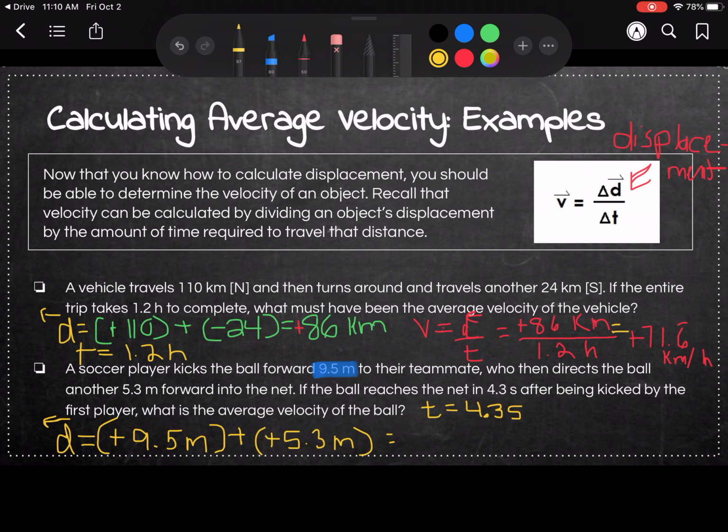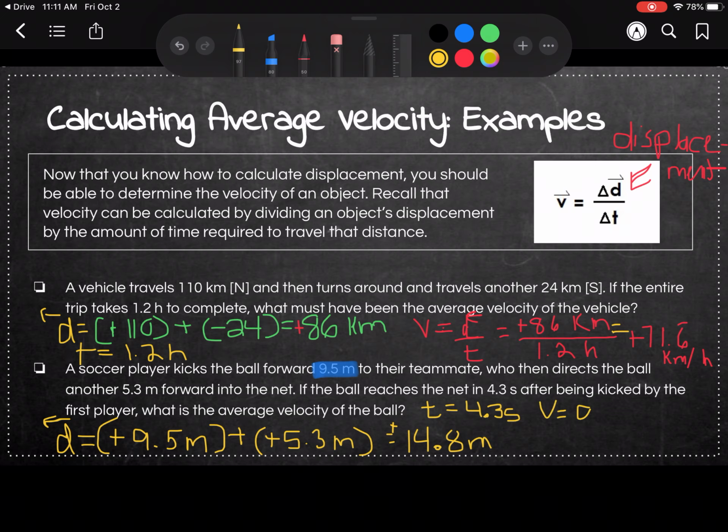I want you to know it's an s for seconds, but it still doesn't look great. So we need to calculate the 9.5 plus the 5.3, and that gives us 14.8. Remember to always put that positive there. And that's 14.8 meters.